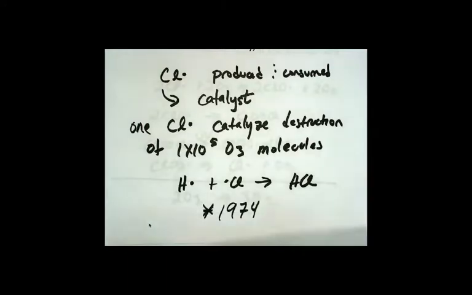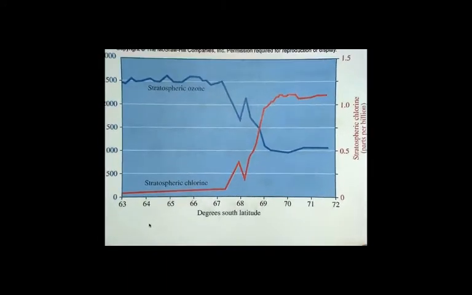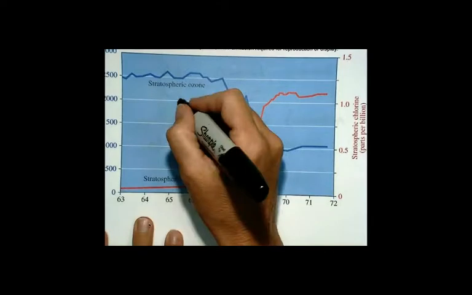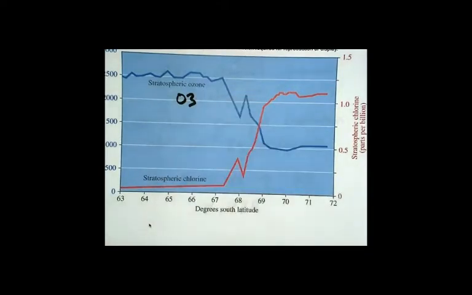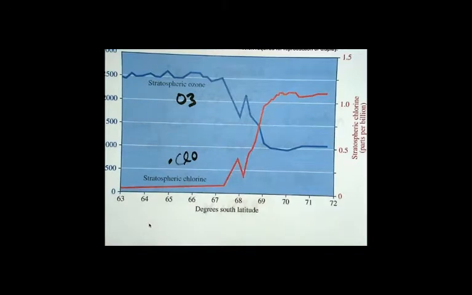And so they went out and did more careful analysis, testing both the stratospheric ozone and the stratospheric chlorine. And the stratospheric ozone, of course, is O3, and the stratospheric chlorine was in the form of one of the intermediates in the process, this free radical chlorine oxide molecule.